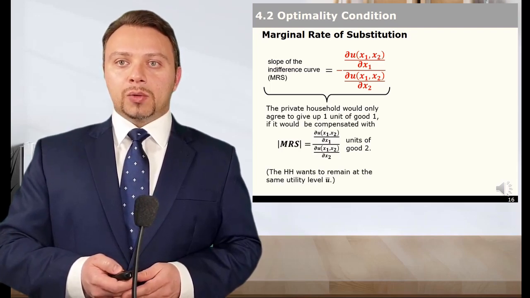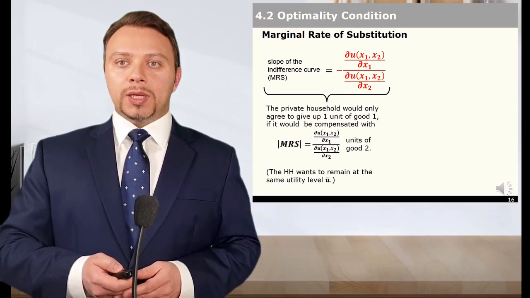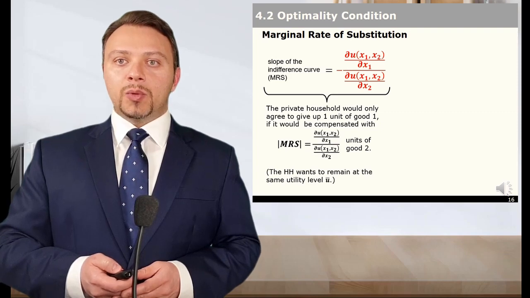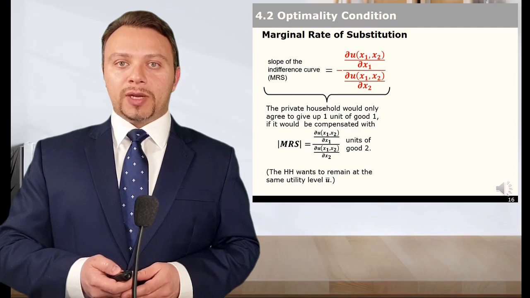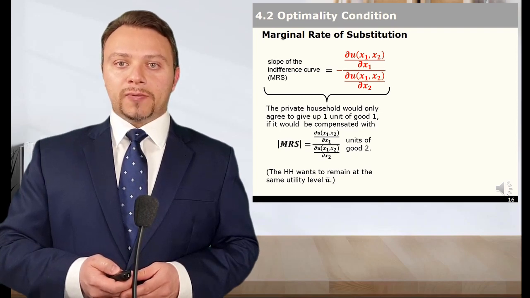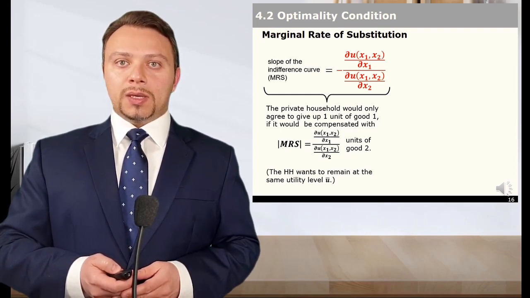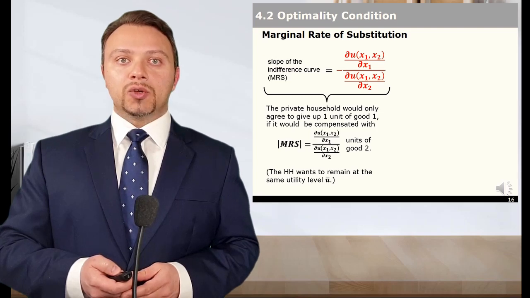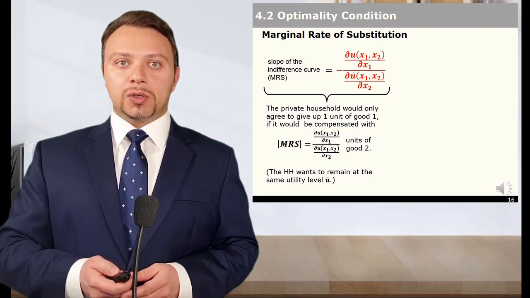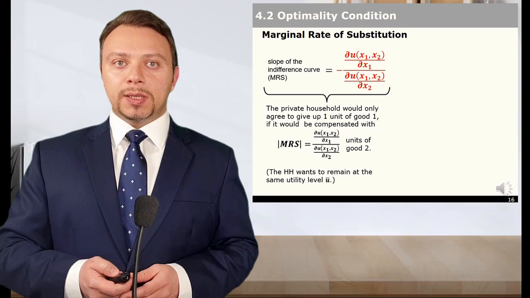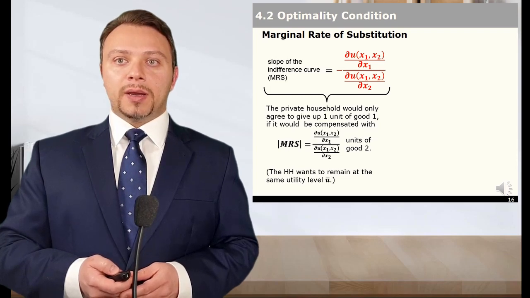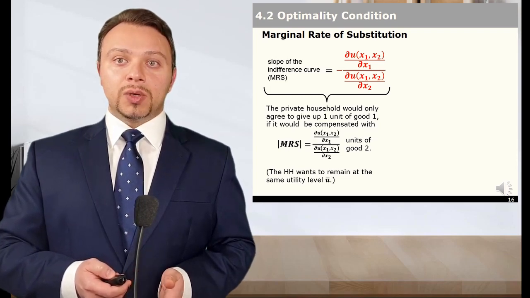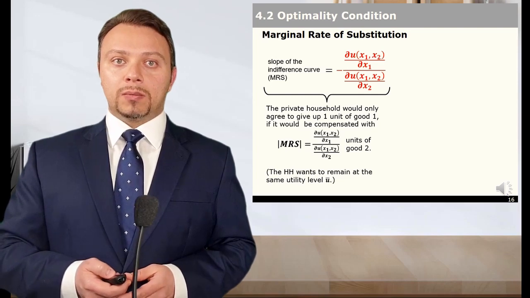The private household would only agree to give up 1 unit of good 1 if it would be compensated with the absolute value of the marginal rate of substitution, units of good 2. The idea here is that the household wants to remain on the same indifference curve and hence on the same utility level as before it agreed to give up 1 unit of good 1.